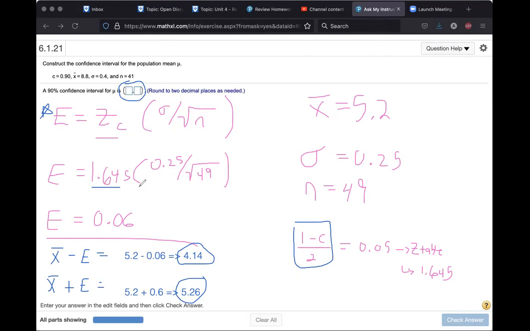Come back, plug it in, and then plug in your standard deviation and your sample size. Find your value of E, and then add and subtract it from the sample mean to get the upper and lower bound of your confidence interval. And that's it.